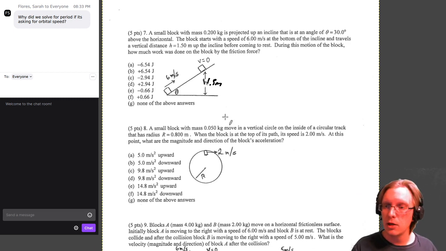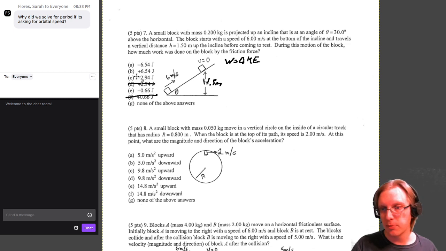How much work has been done by the friction force? Well, let's see, our work is equal to change in kinetic energy. So this is negative because it's dropping. Therefore, the work done must be negative.